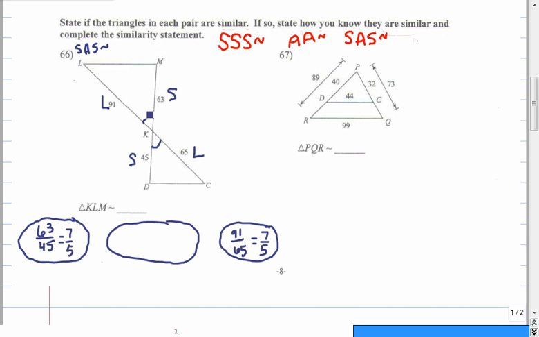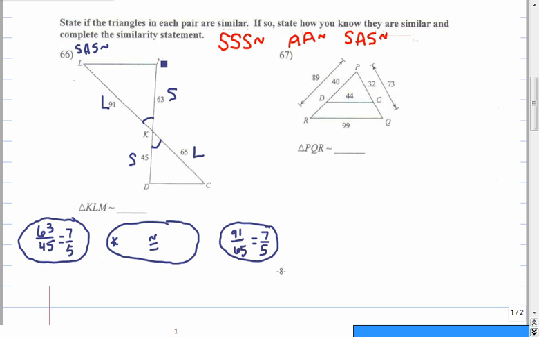Now, we have to show that we have the angles in the middle as congruent. We know that the angle between the 2 pairs of sides that are similar are vertical angles, so we know they're congruent. We just need to fill this out. Since they share a vertex, we're going to have to use how many letters to name the angles? 3. How would you like to name this angle up here?